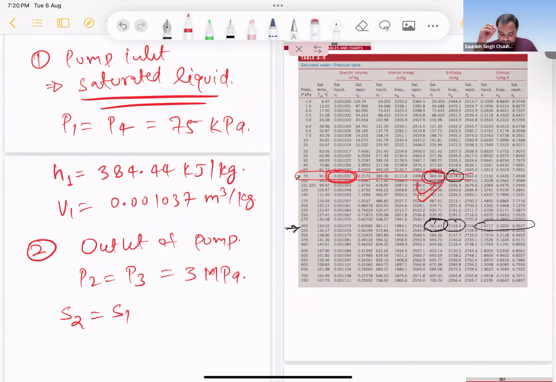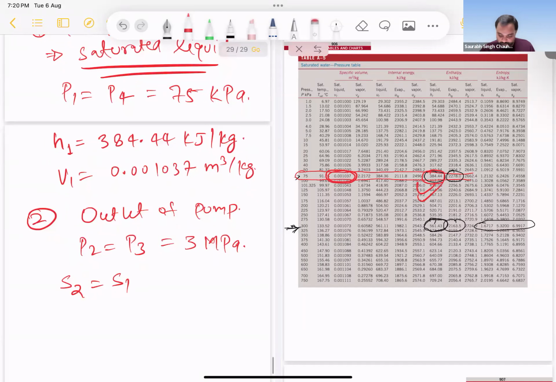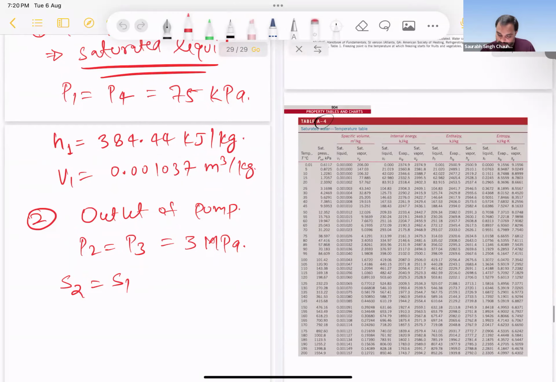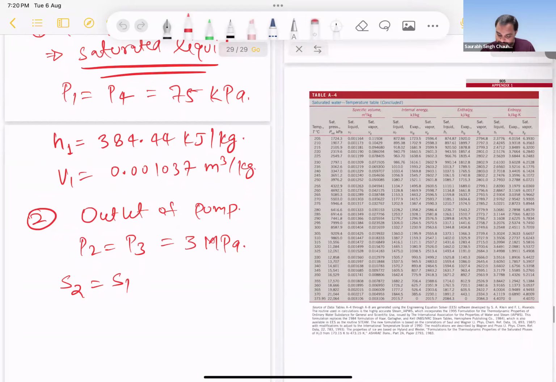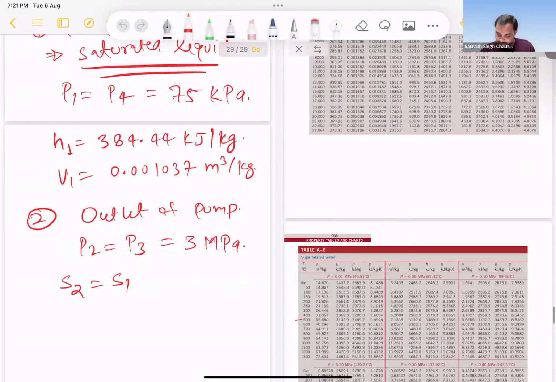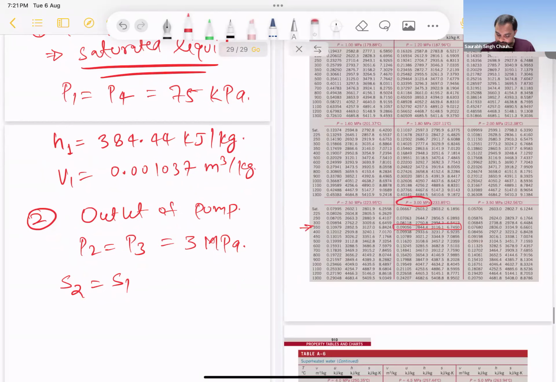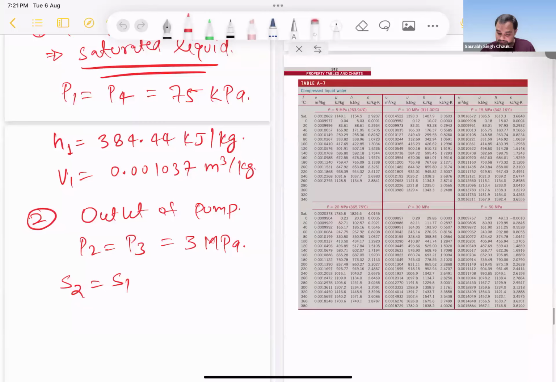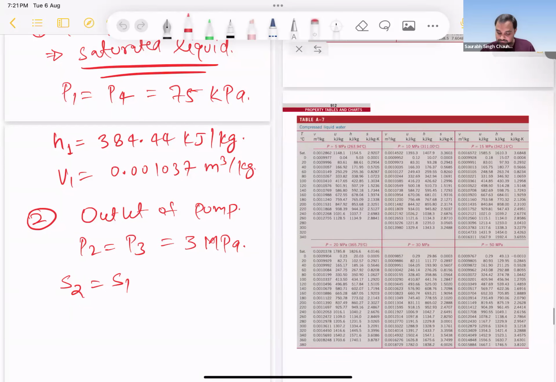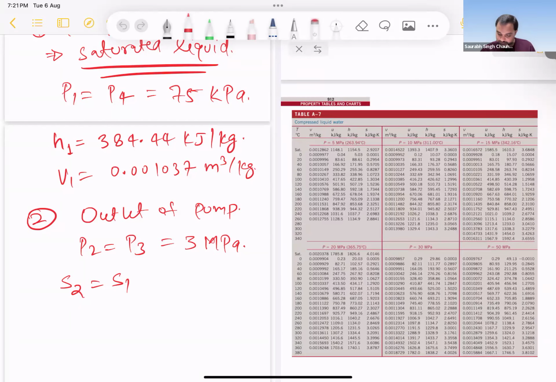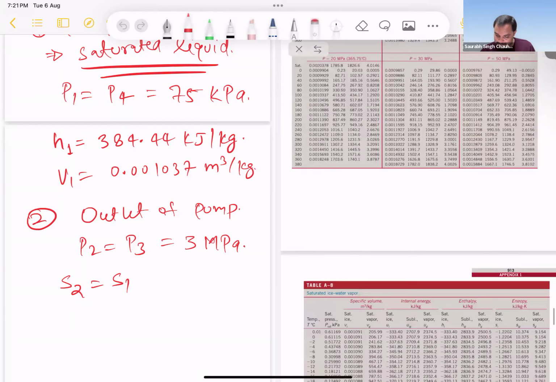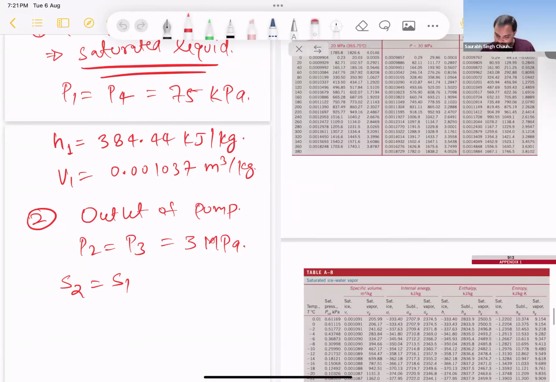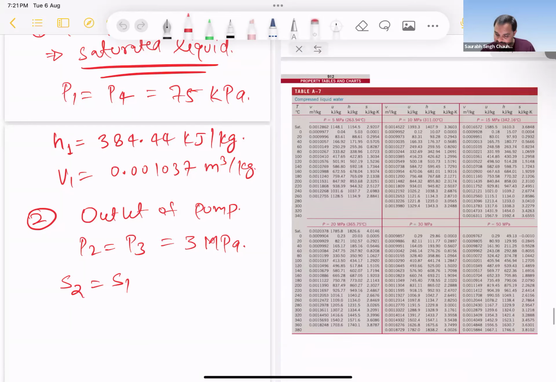So we will use supercooled liquid table. Not supercooled liquid, actually it is called compressed liquid. So what we have? We have pressure 3 megapascal.